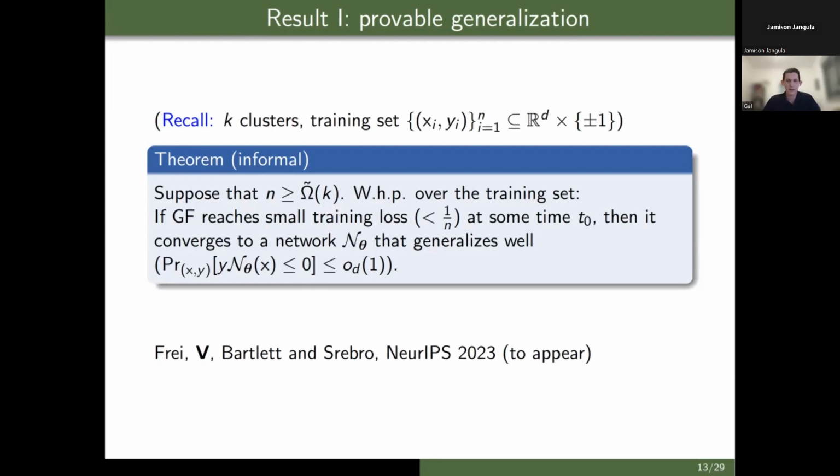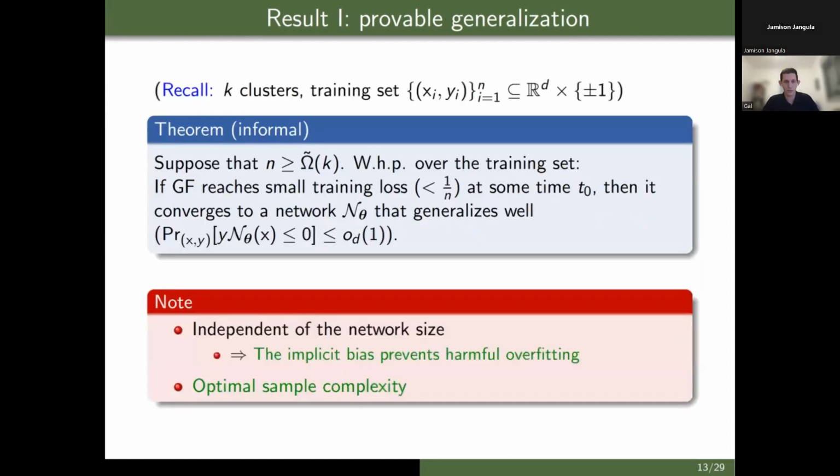So basically, the theorem says that if gradient flow manages to reach small training loss, if gradient flow does not get stuck in some bad local minimum of the training loss, then it converges to a good network, to a network that generalizes well. And there are two important things to note about this result. First, the result is independent of the width of the network.